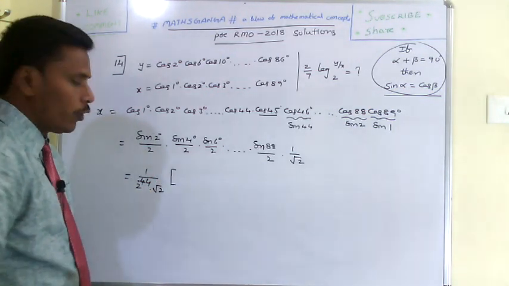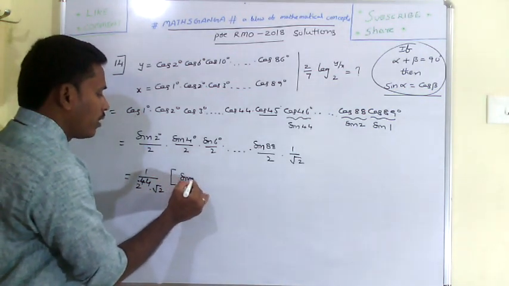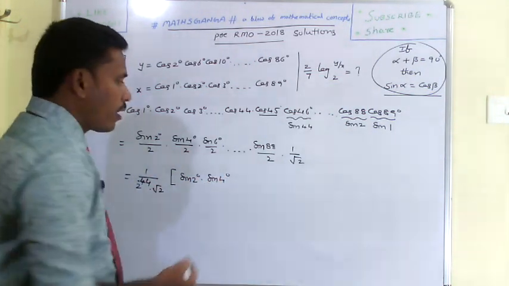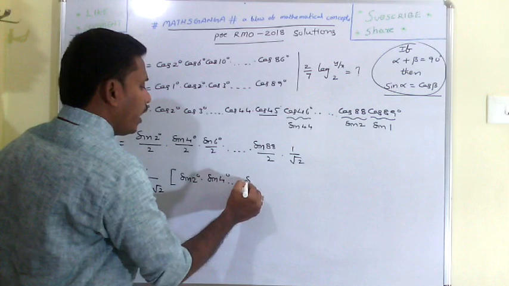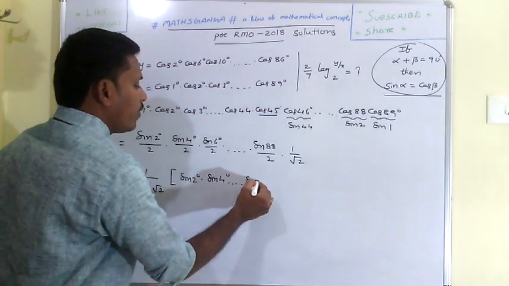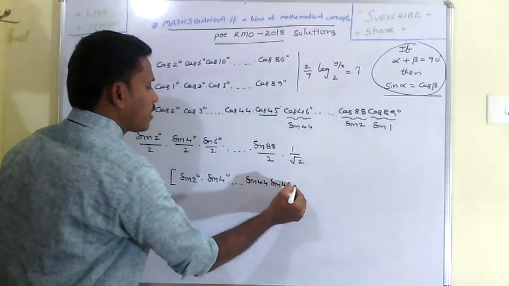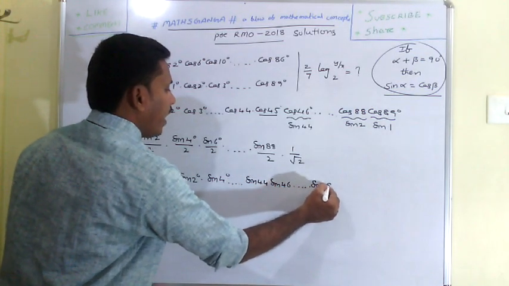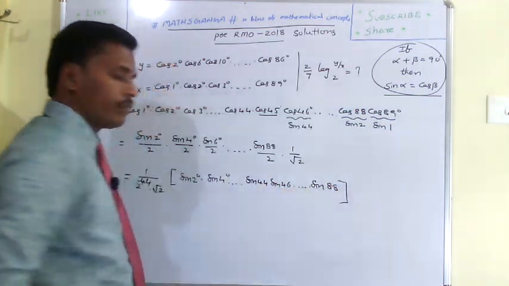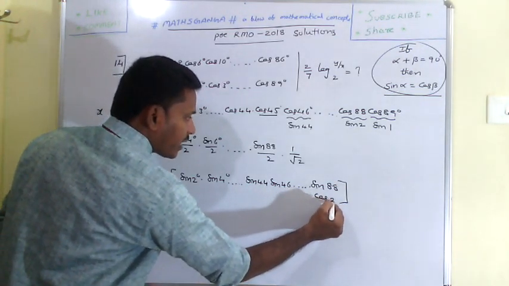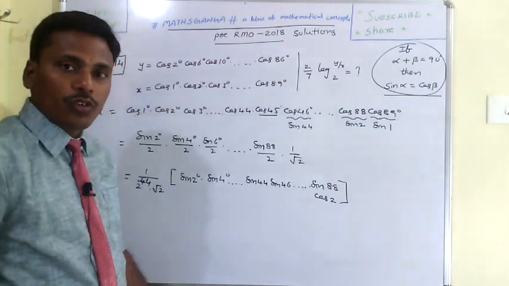So we have 2 power 44 into root 2 in the denominator, and then sin 2 degrees, sin 4 degrees, and like that, since all these are even terms, in the middle you have sin 44 and sin 46, and at the end sin 88. Using the same logic, write sin 88 as cos 2, since 88 plus 2 is 90.